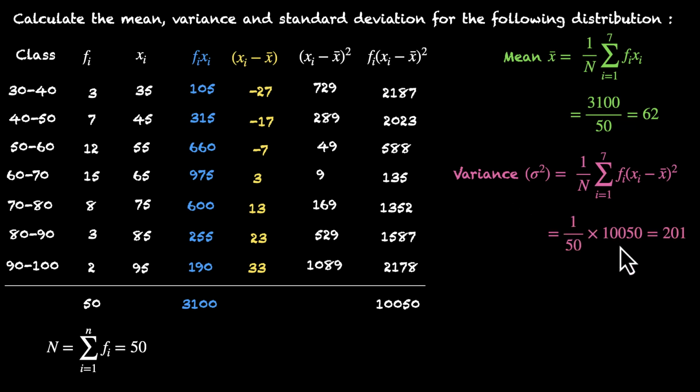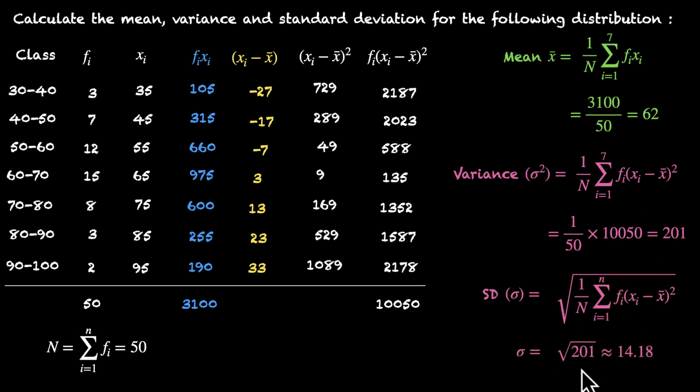So our variance is 10,050 by 50, that's 201. So variance for this distribution is 201, and our standard deviation is the square root of variance. So that's square root of this, that's sigma, that's equal to root of 201, that's approximately 14.18. So mean for this distribution is 62, variance is 201, and standard deviation is 14.18.